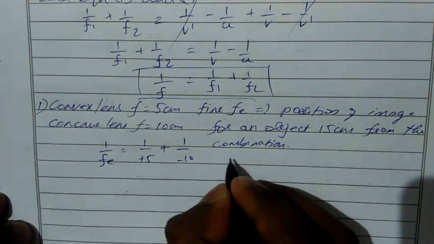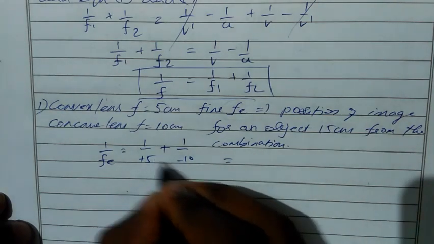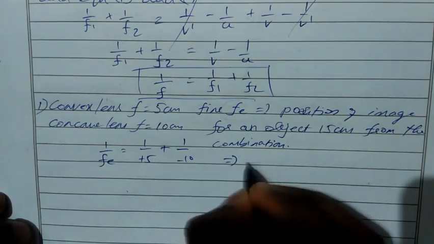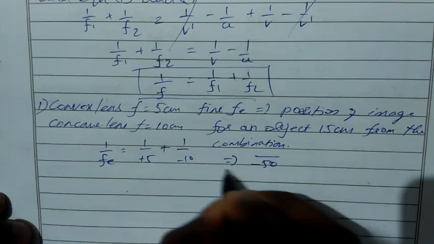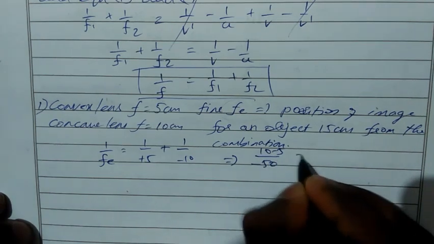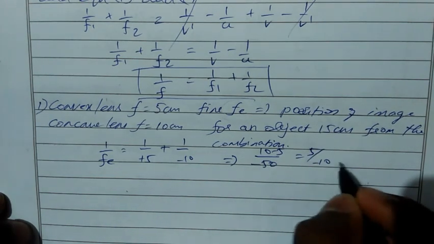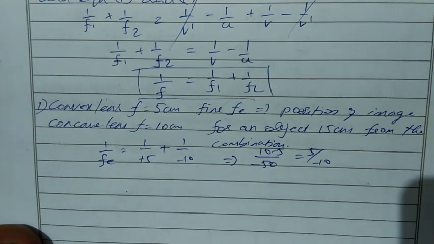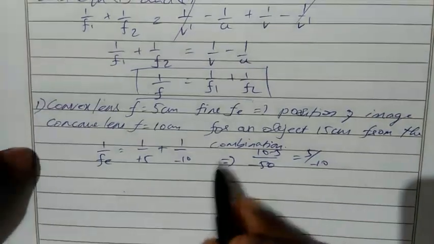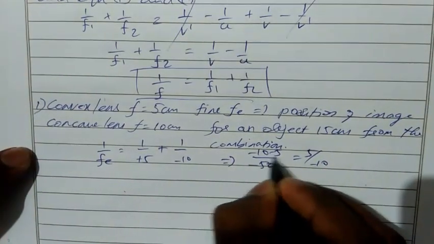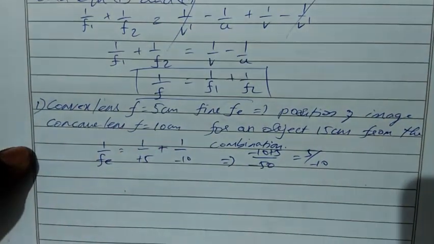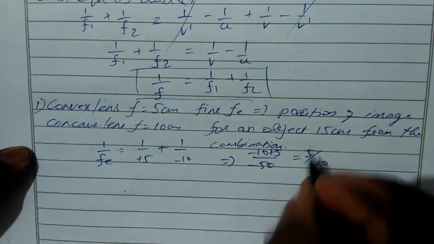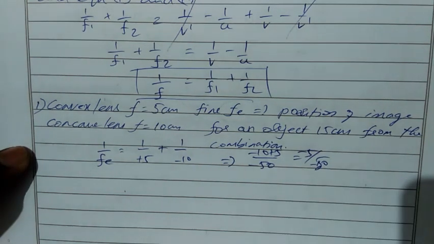If we solve this by cross multiplication, we have minus 10 plus 5 over minus 50, which is minus 5 by minus 50.